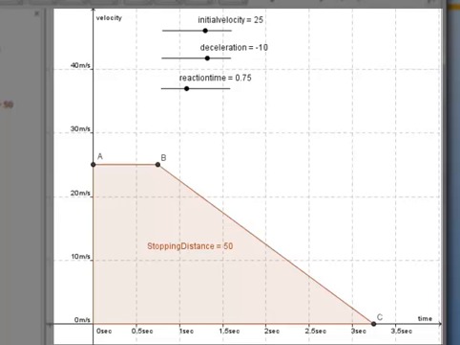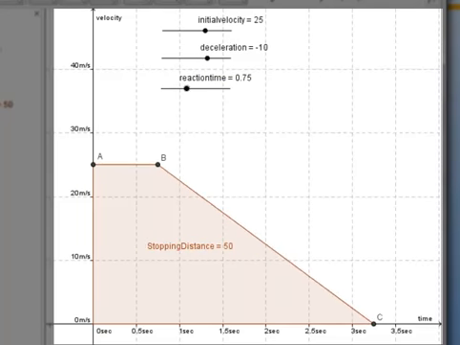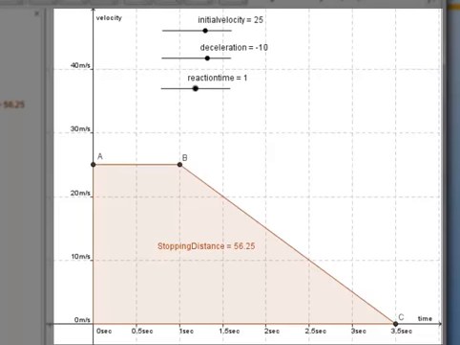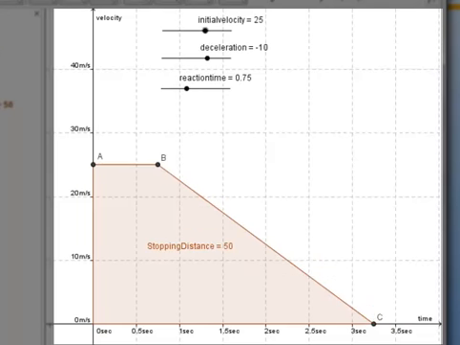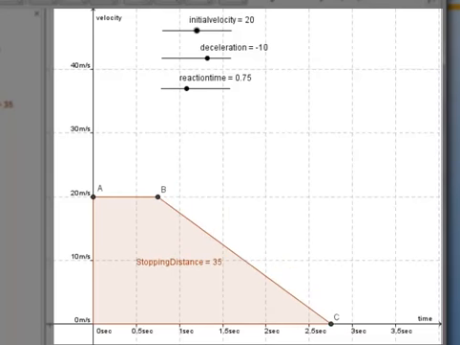Remember that in a velocity versus time graph, the distance is the integral of the graph, or the area that's underneath the graph and above the x-axis. That's this trapezoid here. As you adjust the deceleration rate or the reaction time or the initial velocity, you can see that the graph automatically calculates the stopping distance.